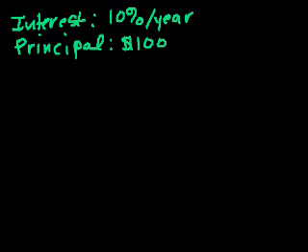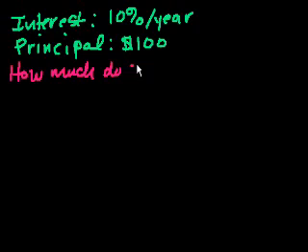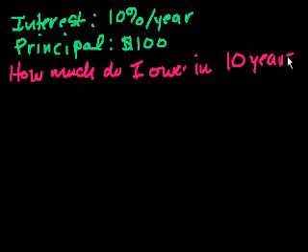So my question to you, and maybe you want to pause it after I pose it, is how much do I owe in 10 years? So there's really two ways of thinking about it. You could say, okay, I start, in years, at time 0.